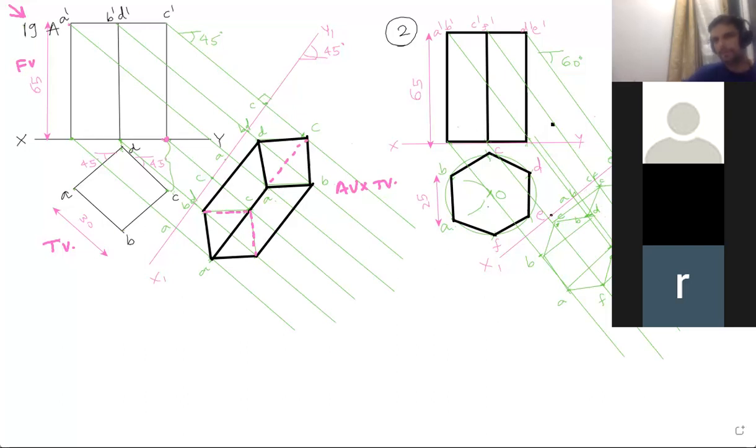And now we need to see which is dark, which is dotted. So always remember, the extreme boundary will be dark. See, draw all the boundaries dark, like this. This way.